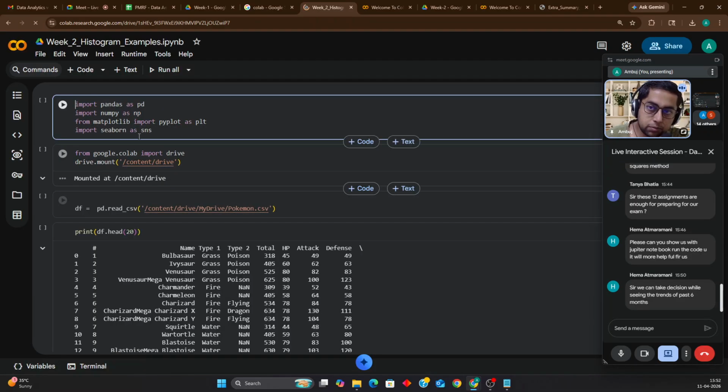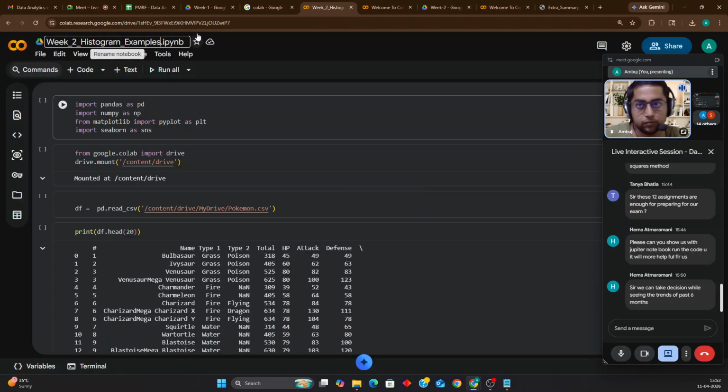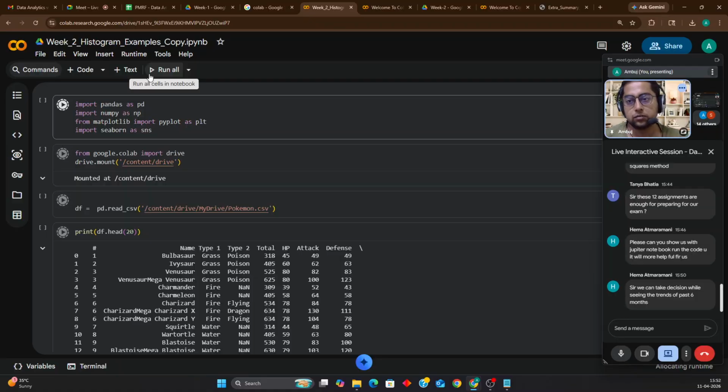First of all, upload, then browse. Then, since I already have made this notebook, I'll make a copy of that so there is no conflict while saving. Go to runtime, click run all. That's it. The job is done.